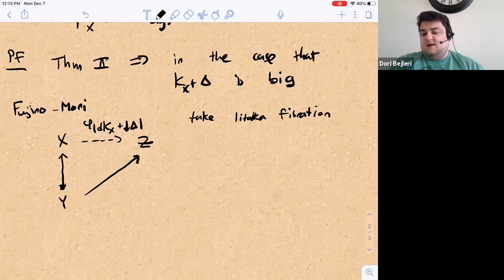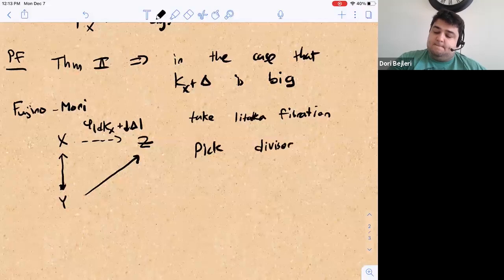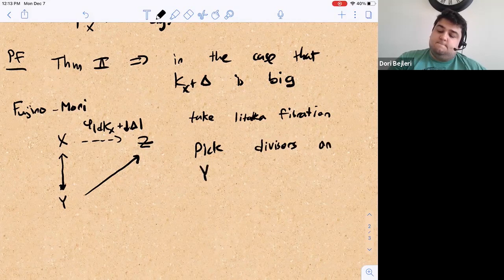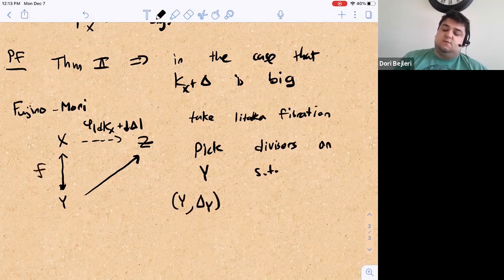And now we can add divisors to the strict transform of Δ, so that we have a pair (Y, Δ_Y), such that this map f, let's call that map f, the other map φ, so that the map f is crepant.